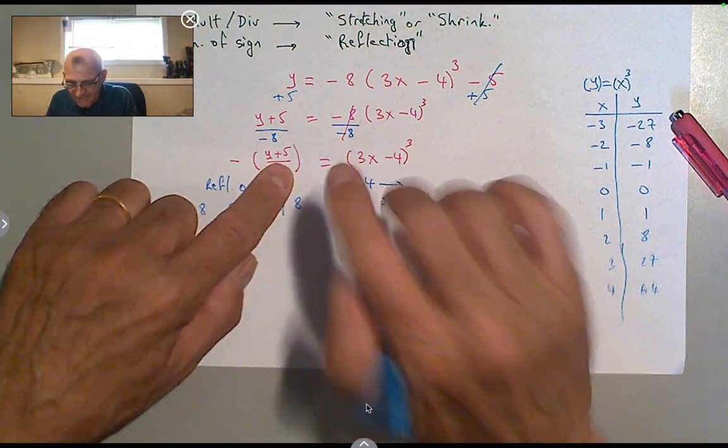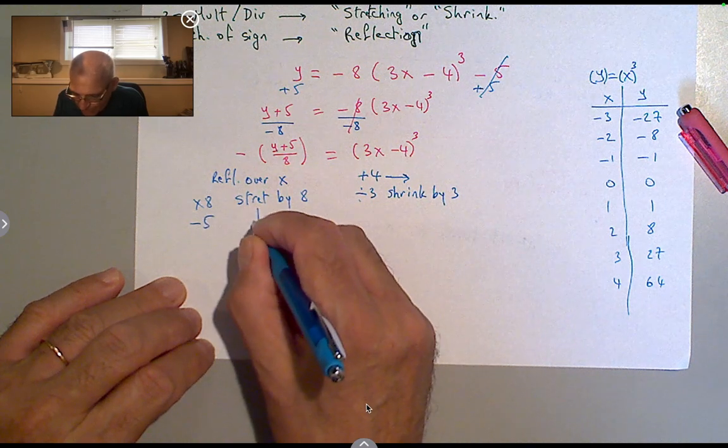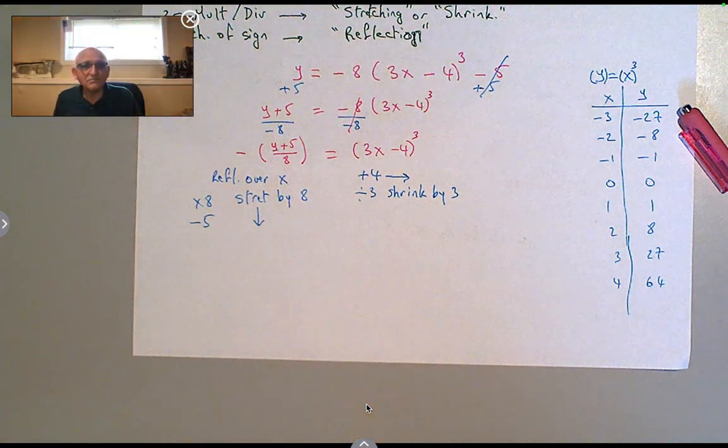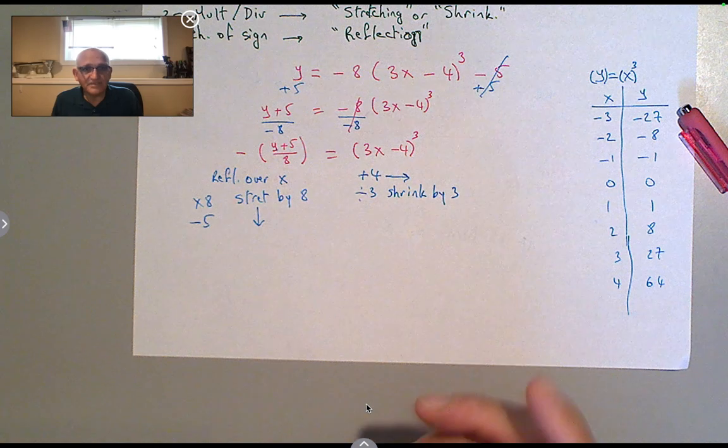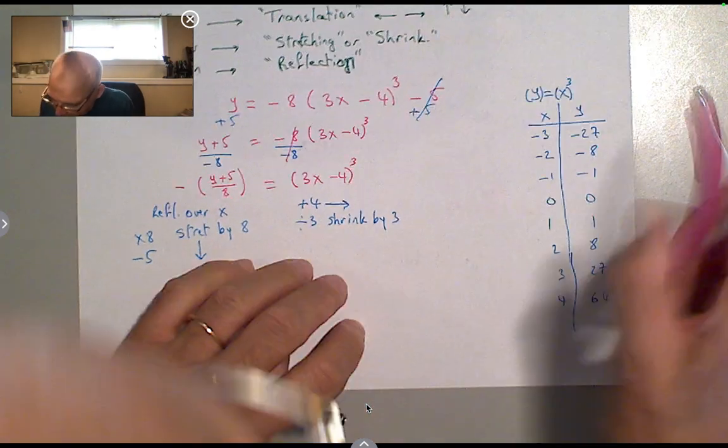And then finally I get y plus 5, so I subtract 5, meaning move 5 units down. These are the 5 things I will do. And that's basically it. So now if I want to plot this, I can come back here.